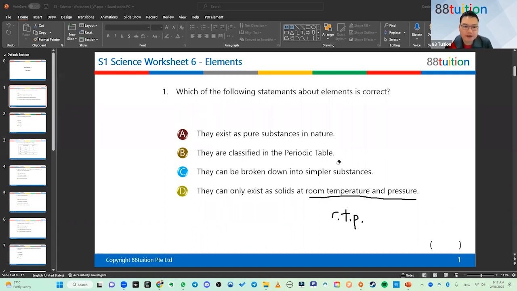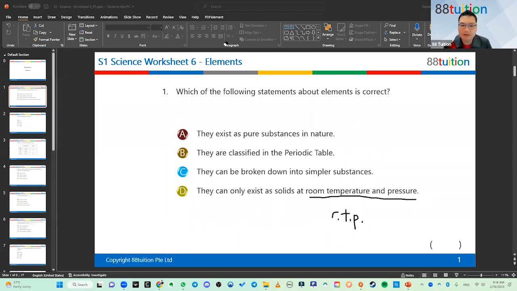So this question, the answer is B. They are classified in the periodic table. In the periodic table, you can see that they are arranged by atomic number, 1, 2, 3, 4, and so on. It cannot be A because in nature, you have carbon dioxide, for example, which is a compound.